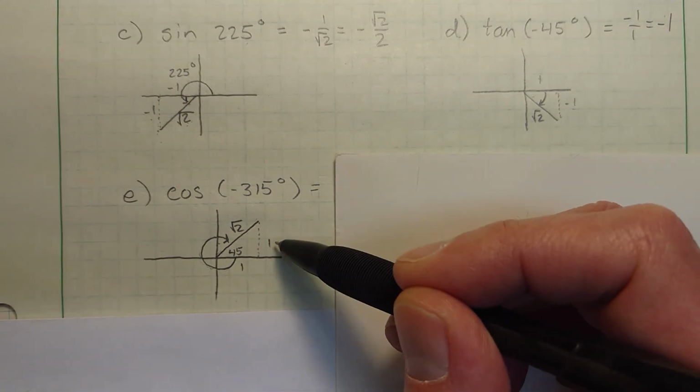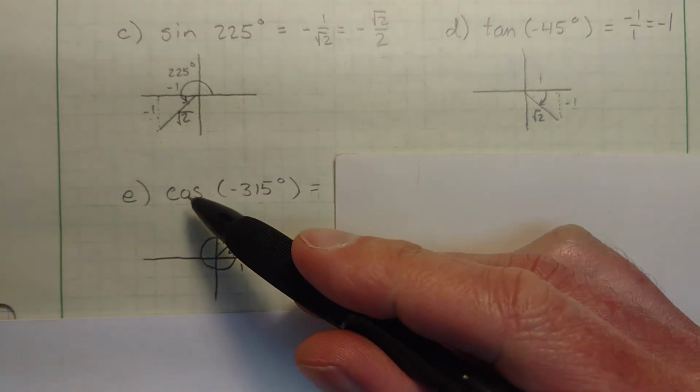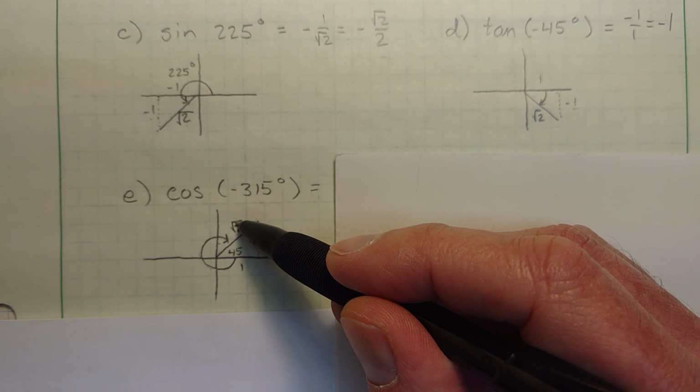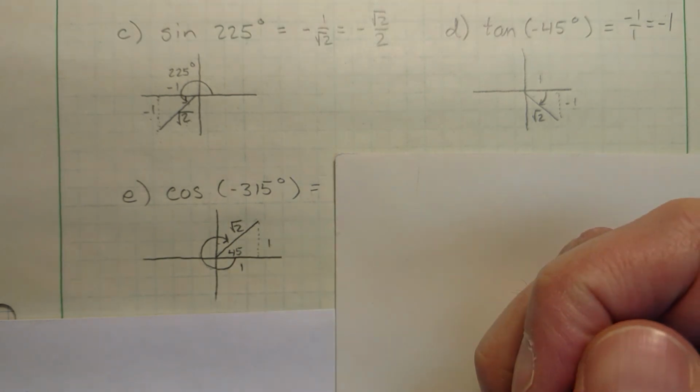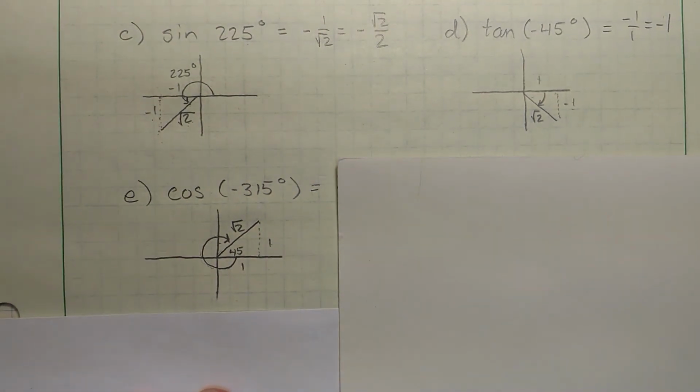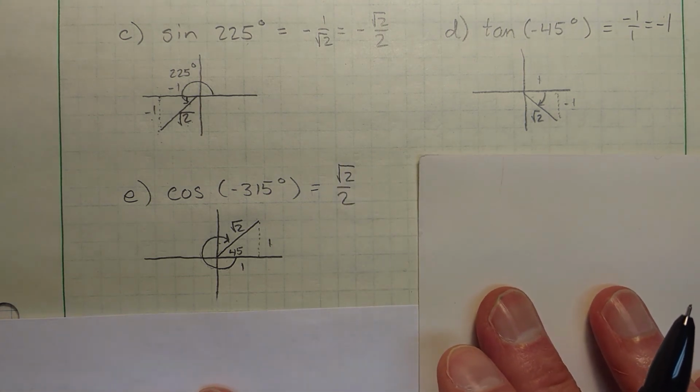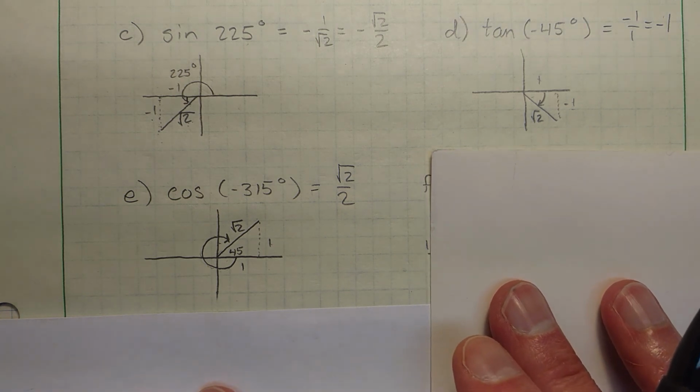Notice now this is 1, 1, radical 2. Cosine is this over this, the x over the hypotenuse, so that's 1 over radical 2, but about this time I already should know when I see 1 over radical 2, I know that's radical 2 over 2. That's what I get when I rationalize that denominator.